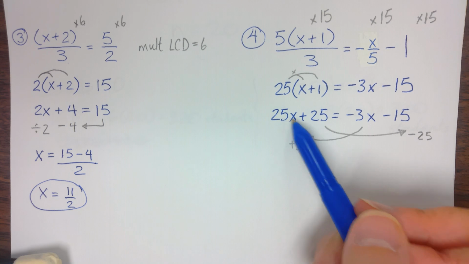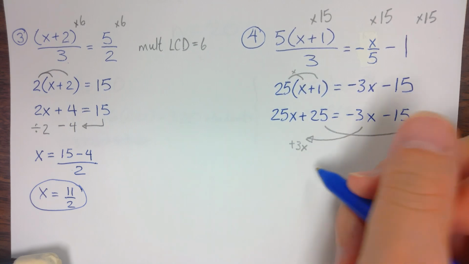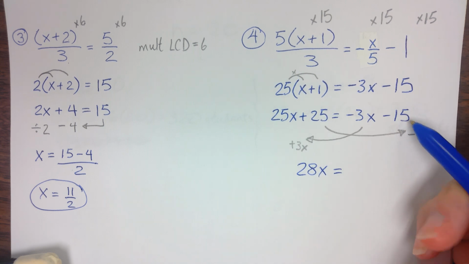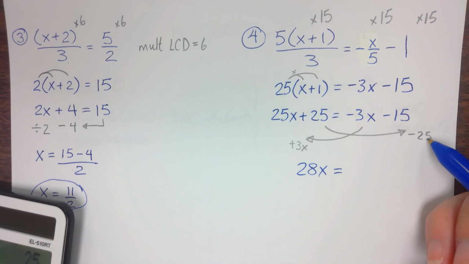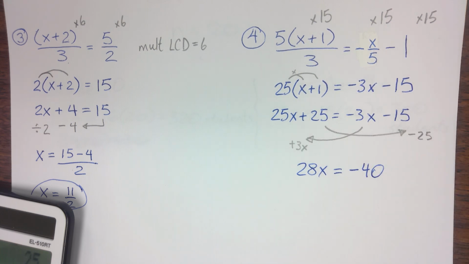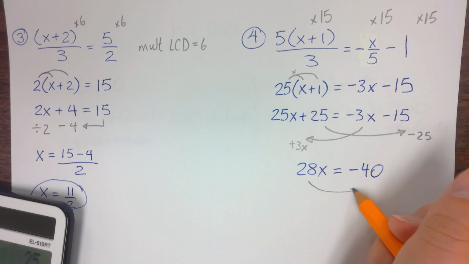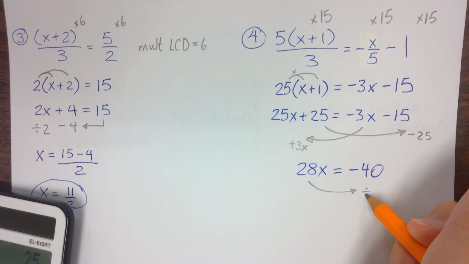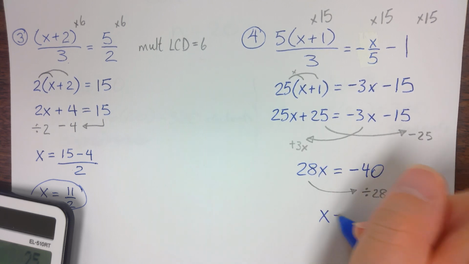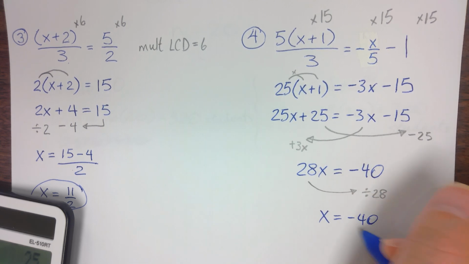So 25x plus 3x, you get 28x. Negative 15 minus 25, negative 40. And then what's my last step? Divide by 28. Good. All right, so x is negative 40 over 28.